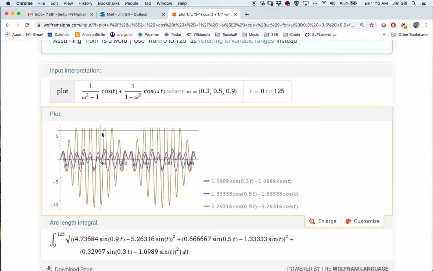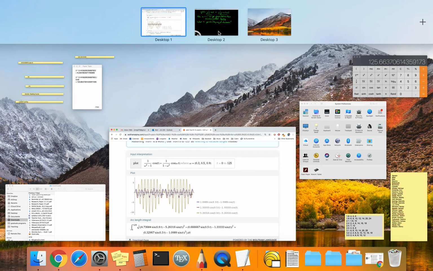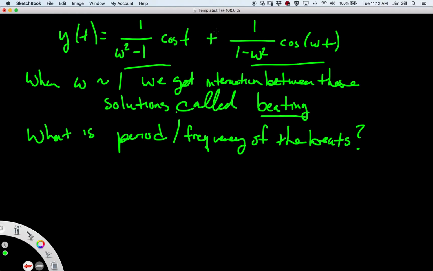Right? We go from largest to smallest, right? So the question is, how do we figure that out? How do we find that out from just these raw answers here? And this is kind of a long story, so get ready here. We're going to introduce some new variables and do some somewhat complicated analysis to figure out what the period and frequency of these beats is.